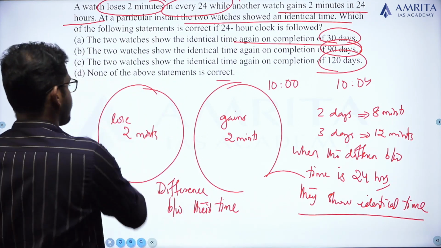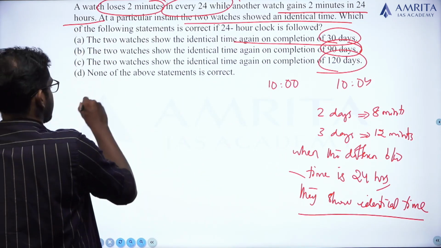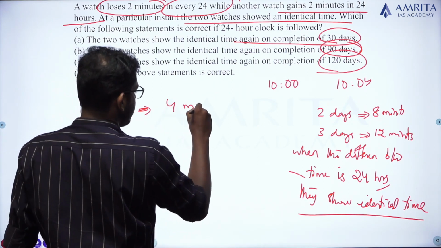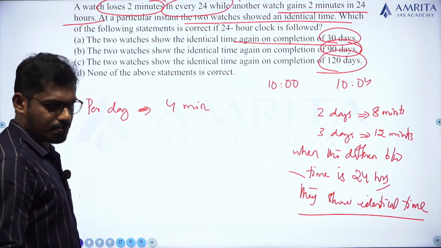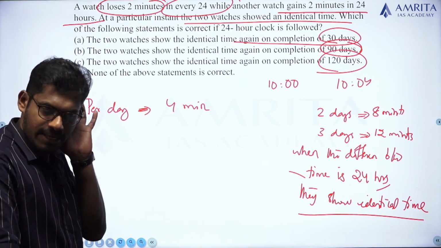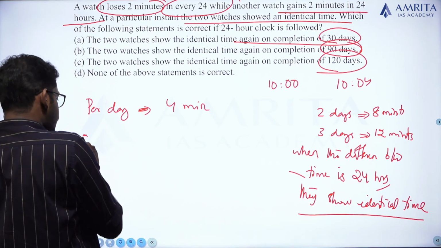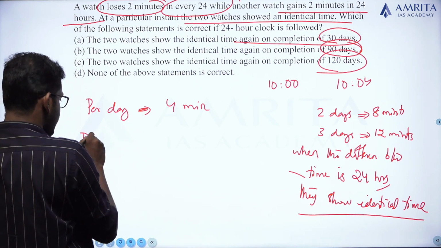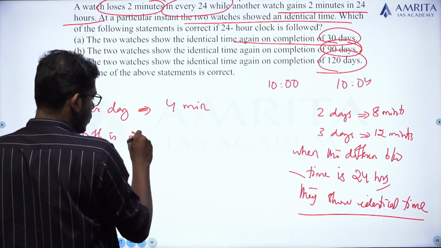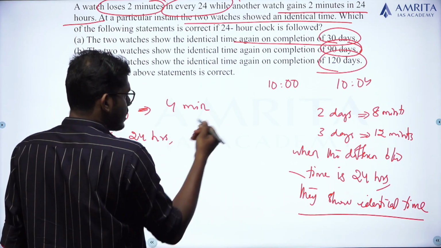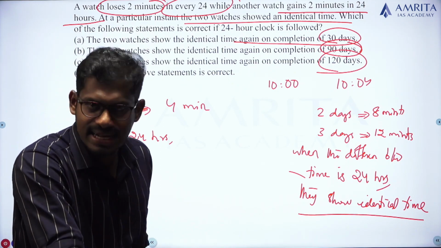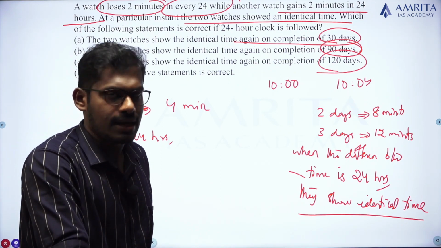Understand. So per day the difference is 4 minutes. When the difference is 24 hours, both clocks will show identical time once again. Clear?